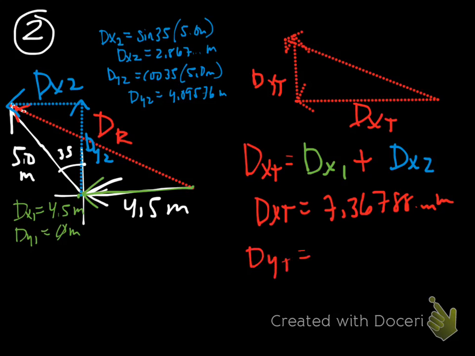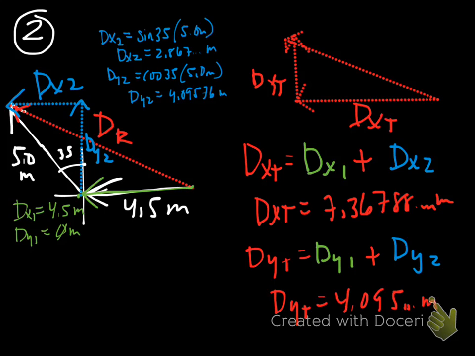And dy total is equal to dy1 plus dy2, and of course dy1 is 0. So dy total is just equal to 4.095, etc. meters. Okay, so now you've got a triangle with your overall x, 7.36, etc., and your overall y, 4.09, etc.